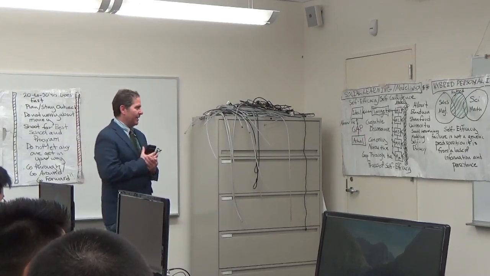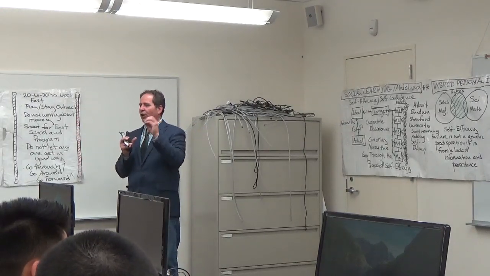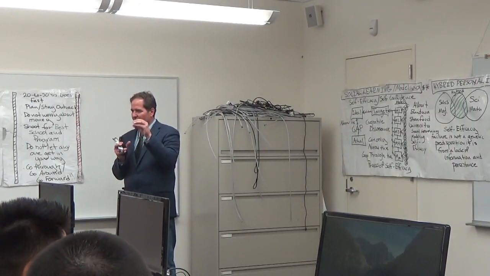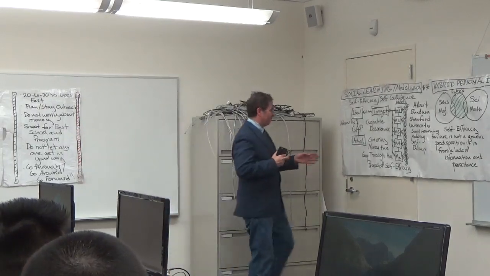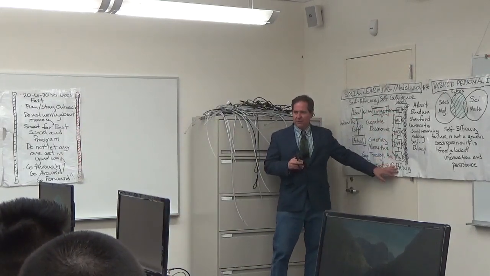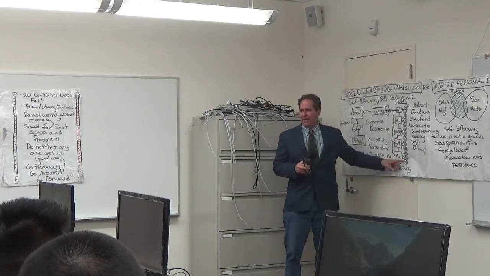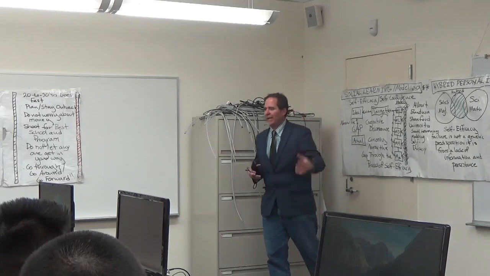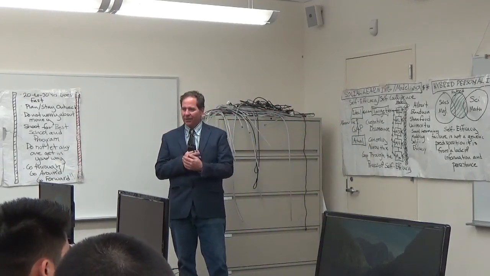What we need to do is to take that ideal self and basically modify it to become the target self. The target self is made up of other models, other individuals that we've identified that basically have the positive attributes that we want to emulate. So the ideal self becomes the target self.